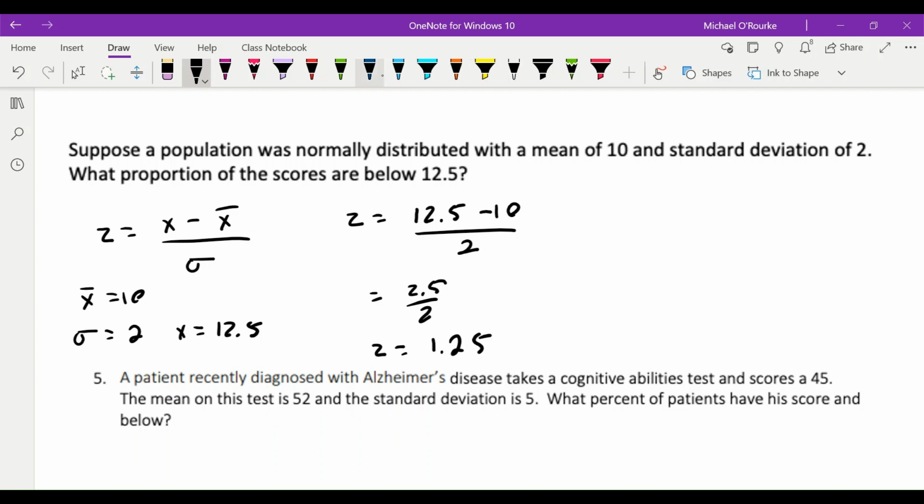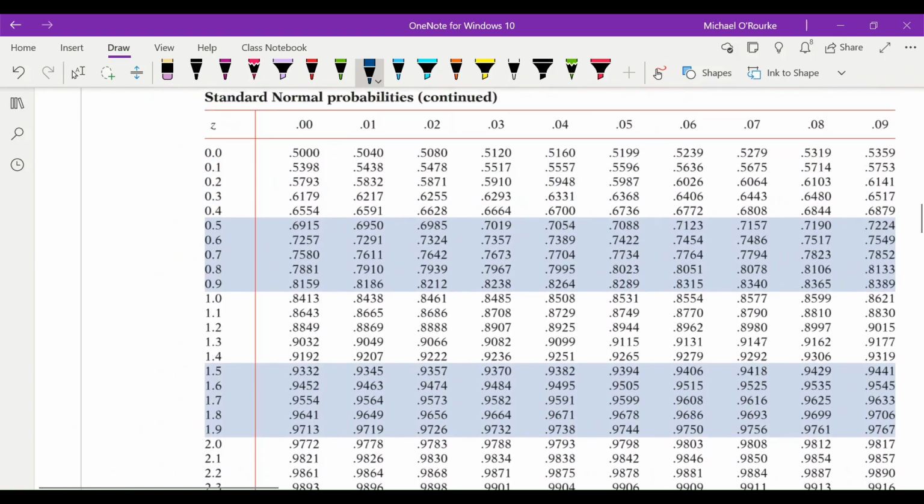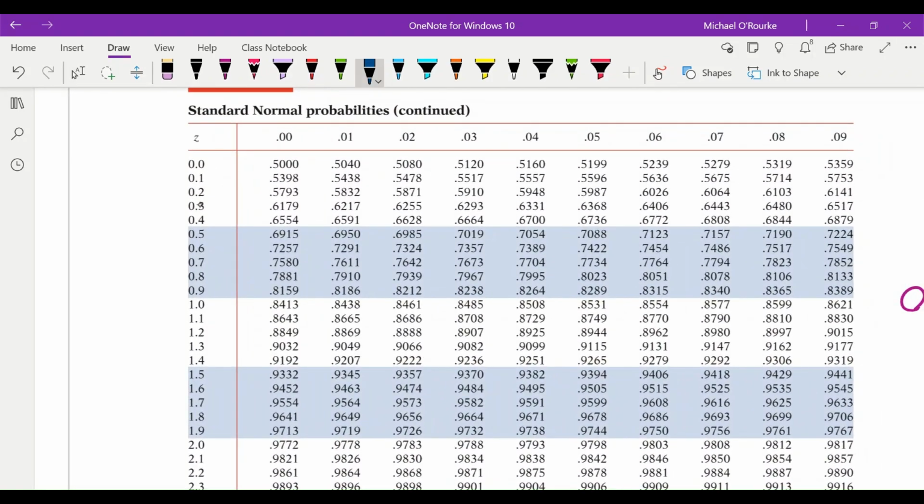Now key here to look is asking for above or below. So it's asking for below, so we don't do anything to our number after we find it. So 1.25 is the number we're looking for. So I go to 1.2, I go over until I get to 5. So 0.8944.